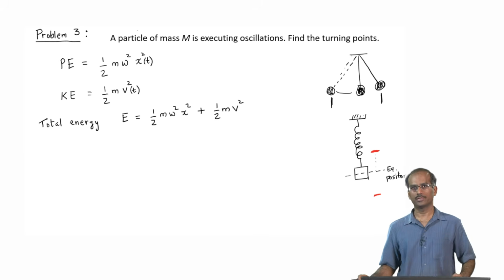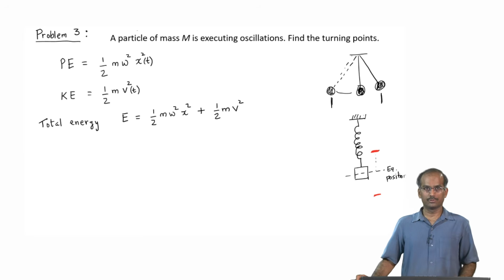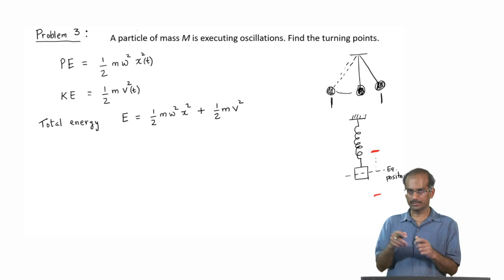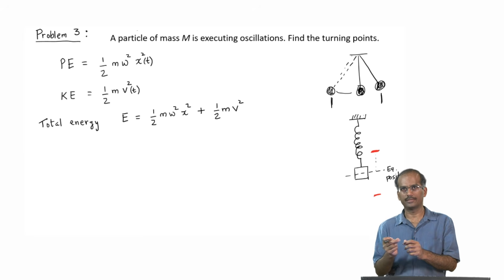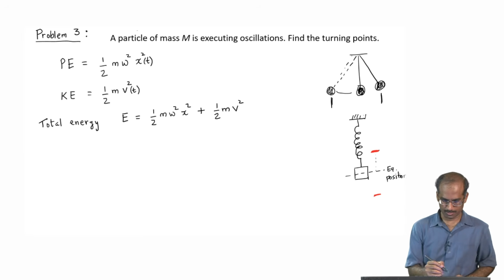Now, from this how do I find out the turning points? You should carefully note what happens at the turning points. At the turning points the particle, let us say if it is a pendulum, goes in one direction, stops momentarily and turns back. So, precisely at that point the velocity is 0.